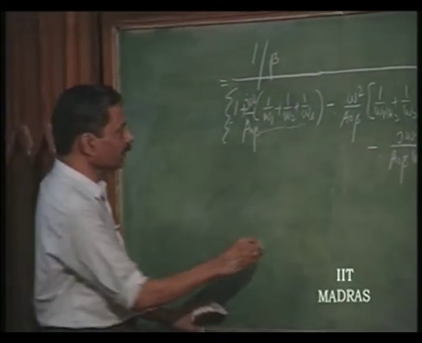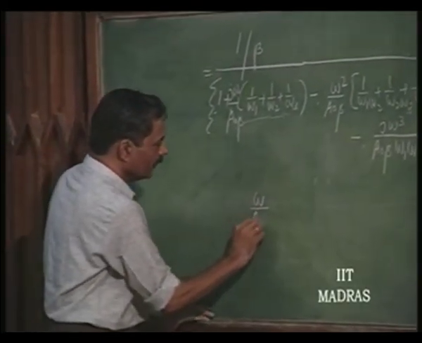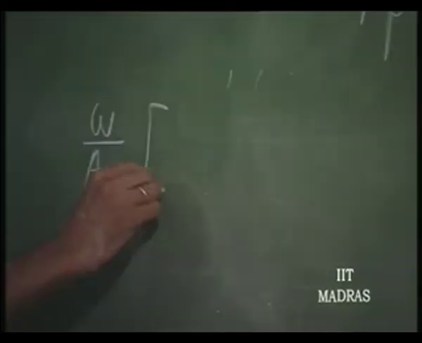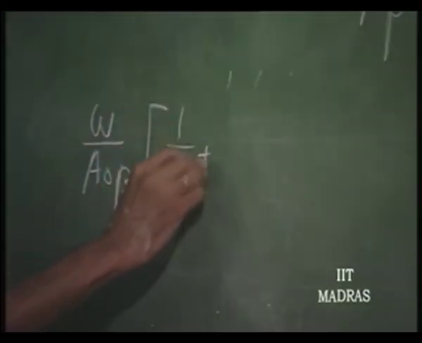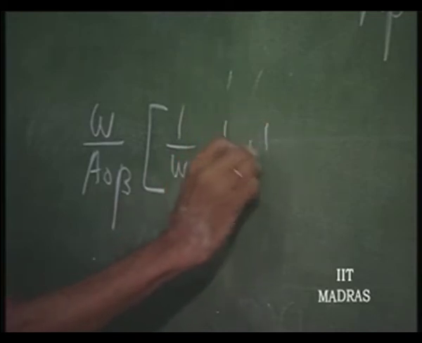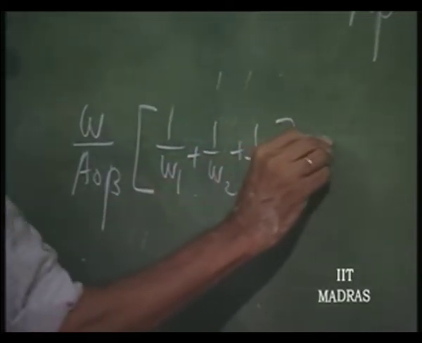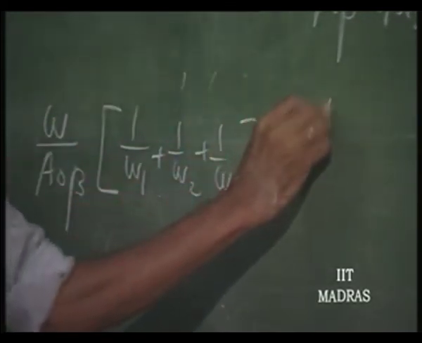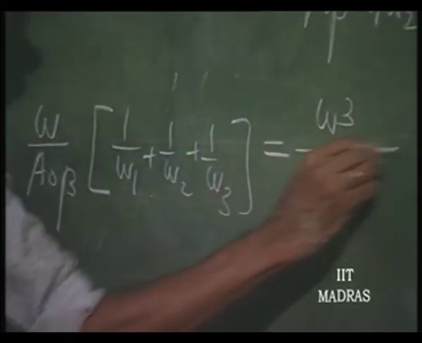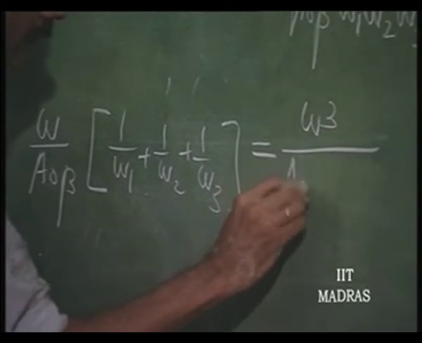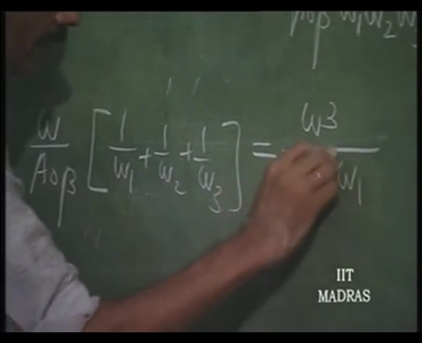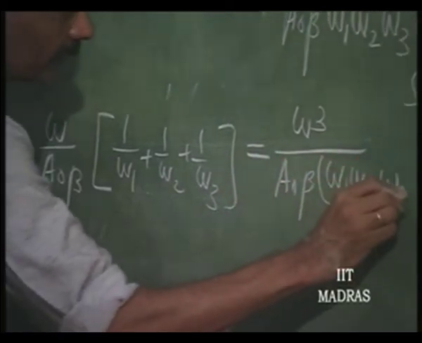So, you can equate this omega by A naught beta into 1 by omega 1 plus 1 by omega 2 plus 1 by omega 3. This becomes equal to omega cube divided by A naught beta omega 1 omega 2 omega 3, right.